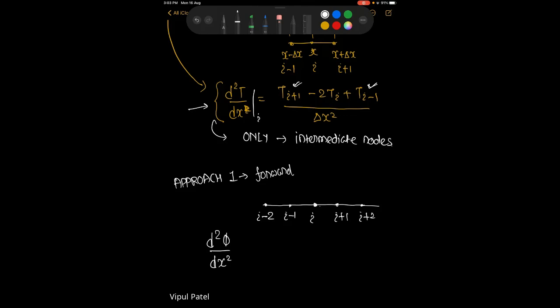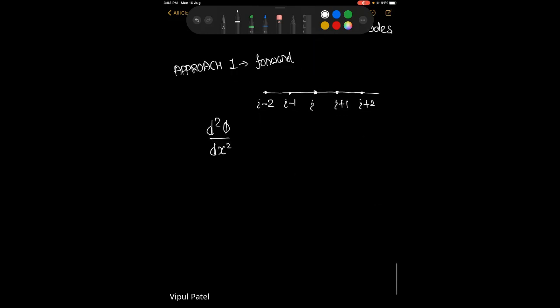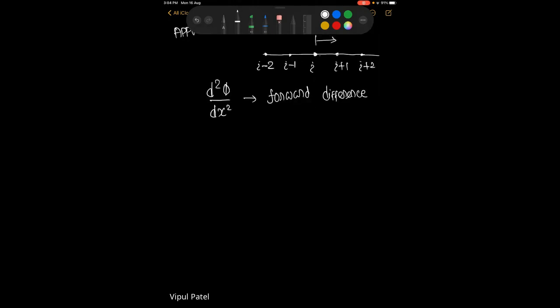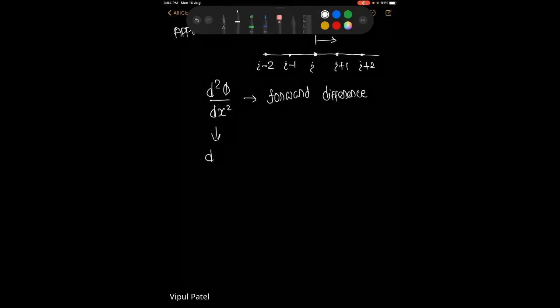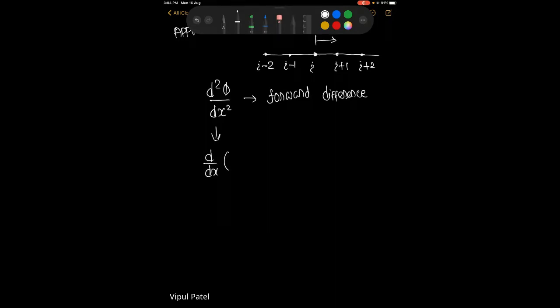Let me define d square phi by dx square with the forward difference approach. Forward difference means obviously I'll be taking more nodes on this particular side. If I talk about a backward scheme, then I'll be taking nodes on the backward side. Now I can express this term as d by dx of d phi by dx.